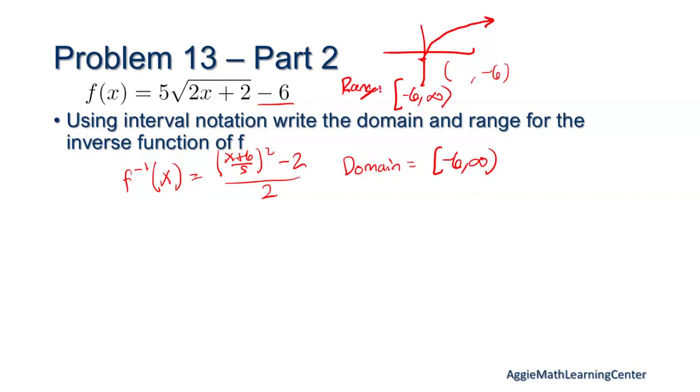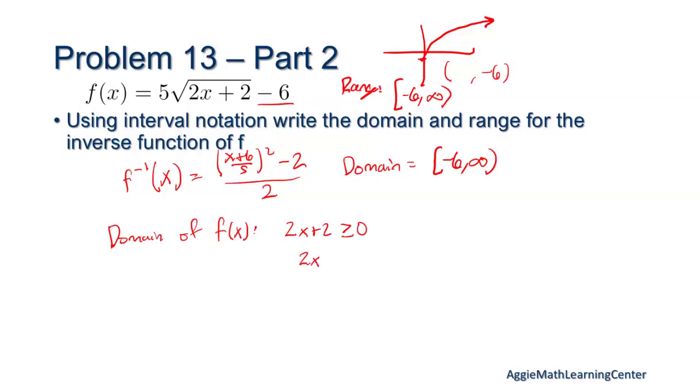Now, to solve for the range of the inverse, it's the same as the domain of the function. So the domain of f of x, the limiting factor there would be the square root. Since it's under the square root, we know that 2x plus 2 has to be greater than or equal to 0.